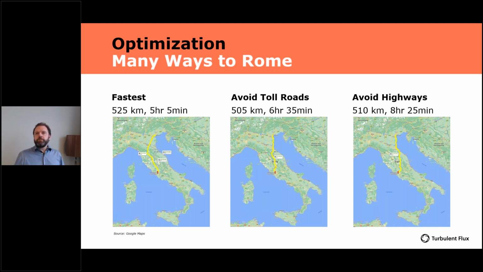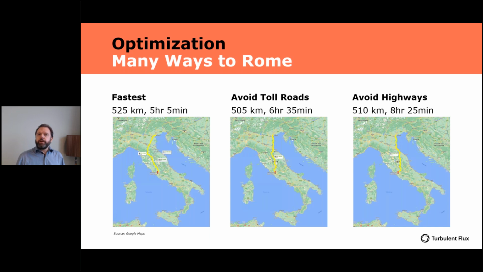An example here, just to introduce it: imagine yourself in Italy on vacation, wanting to drive from Venice to Rome. You put the destination into your favorite route planning app and you realize you get different options. You can go by the fastest route, having more time in Rome to see the sights.